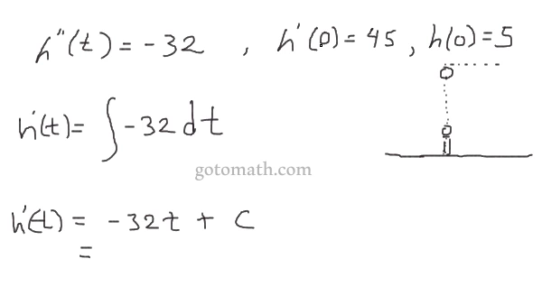But now we've got some conditions here, 0, 45. So if we set it equal to 45, plug 0 in for t, negative 32 times 0 plus c. Therefore, c becomes 45.